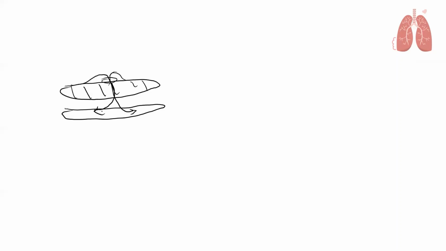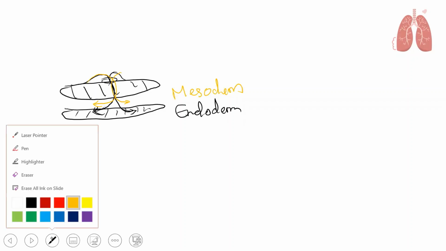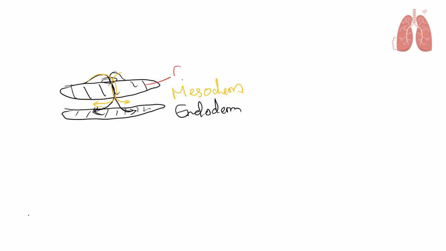These epiblast cells start to replace the hypoblast cells and form a layer called the endoderm. Then more cells move inward and are stationed between the hypoblast layer and the epiblast layer, and this layer forms the mesoderm. The cells remaining outside form the ectoderm.